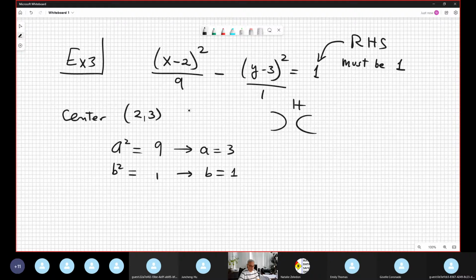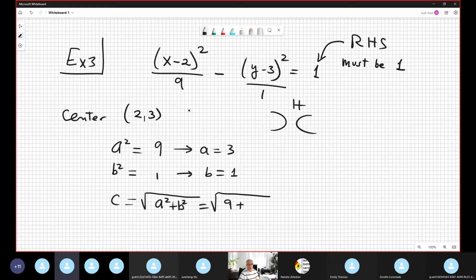Okay, one more piece of information we need: C, the square root of A squared plus B squared. In our example, A squared is 9 and B squared is 1, so it is radical 10. Radical 10 is an irrational number again, approximately 3.162.